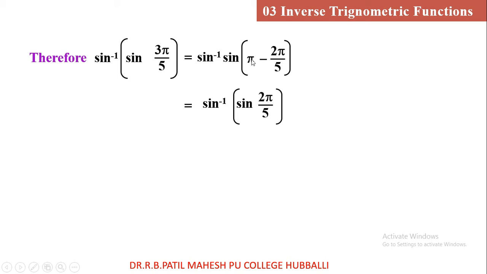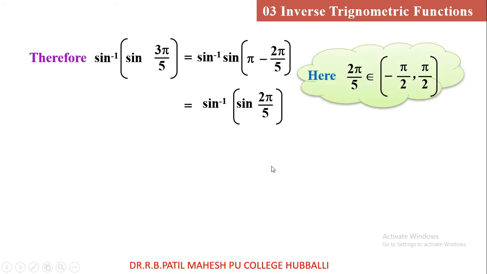So, sine of pi minus 2 pi by 5 is sine 2 pi by 5. Now, you can remove sine inverse and sine because 2 pi by 5 is 72 degree. This lies in minus 90 degree to plus 90 degree. Hence, sine inverse of sine gets cancelled. Then the answer will be 2 pi by 5.